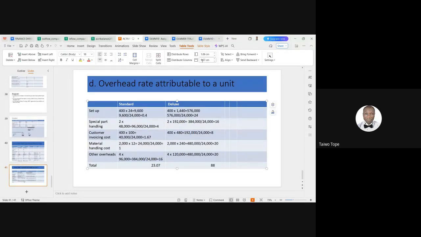For those that sat for May 2025, something like this came out. November 2024, something like this was tested. November 2022, question 2, something like this was tested.